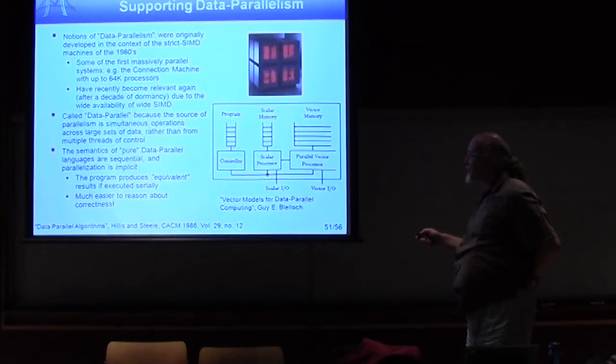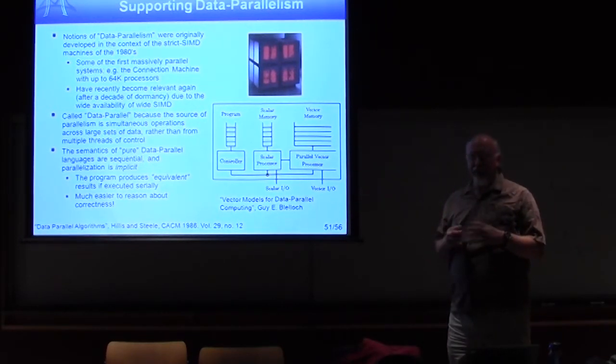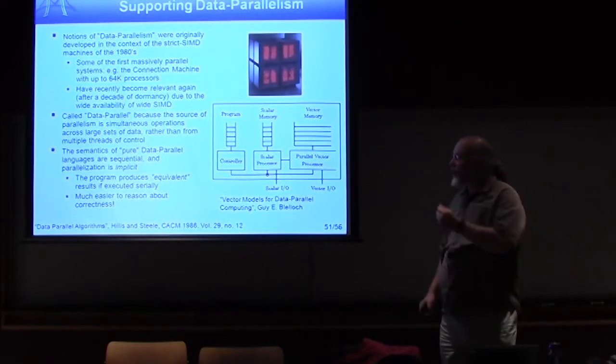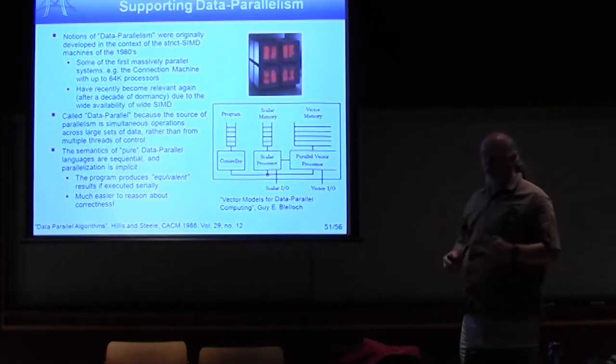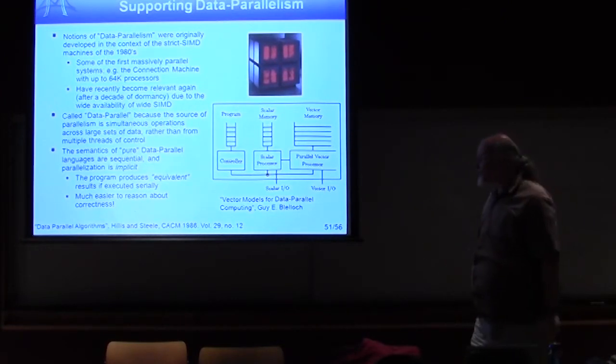But after that colossal failure, no one worked hard at this for a long time. Now that we have a lot more silicon at our disposal, this is coming back. It's called data parallelism because the source of parallelism is simultaneous operation against large sets of data rather than relatively coarse-grained multiple threads of control.